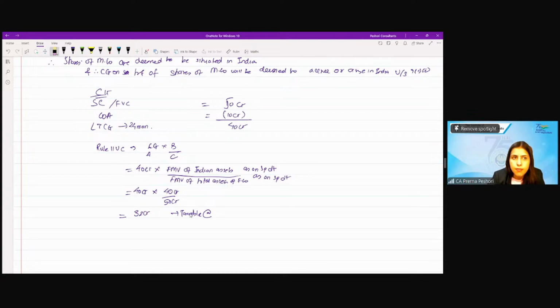Faster students, have a look at 112 and let me know. What is the tax rate?